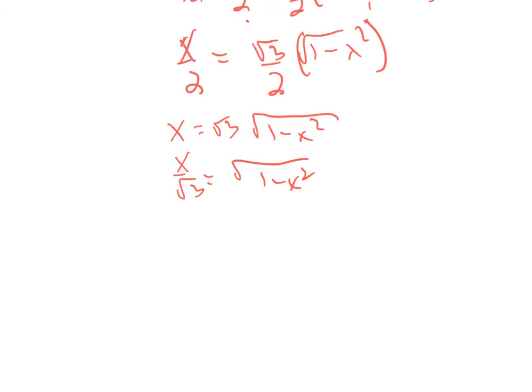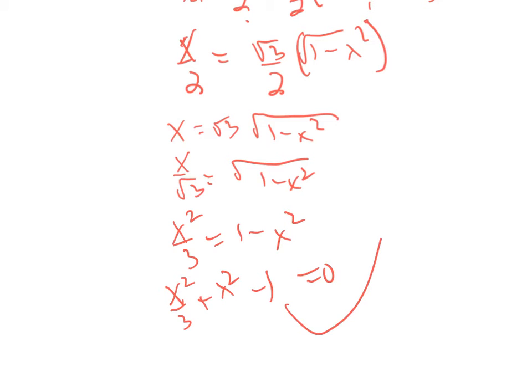Let me square both sides. x squared over 3 equals 1 minus x squared. Let me move everything to one side. x squared over 3 plus x squared minus 1 equals 0.